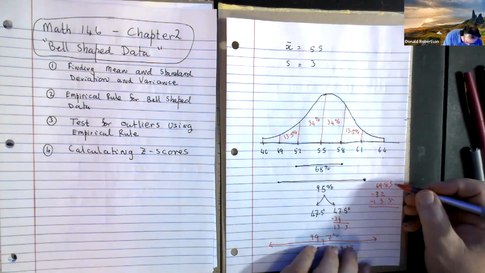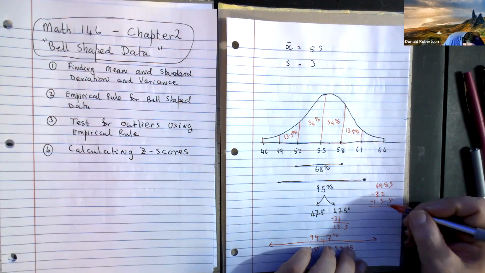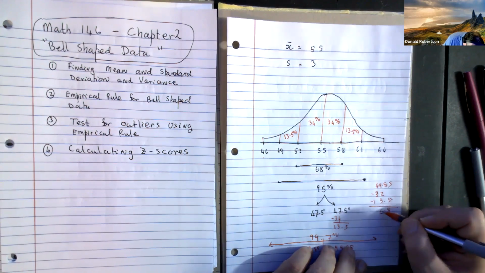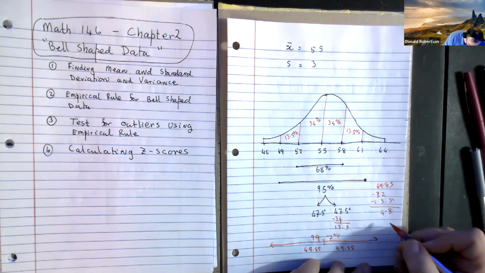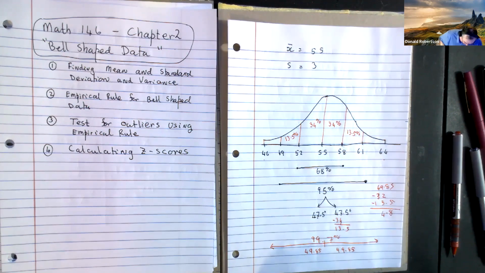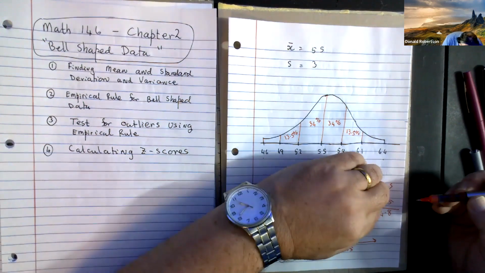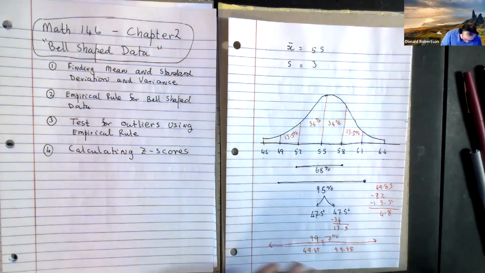Let's see what that looks like. It's 0.85, that's 4.8%. Let me check, that looks a bit on the small side. No, okay, we're good.